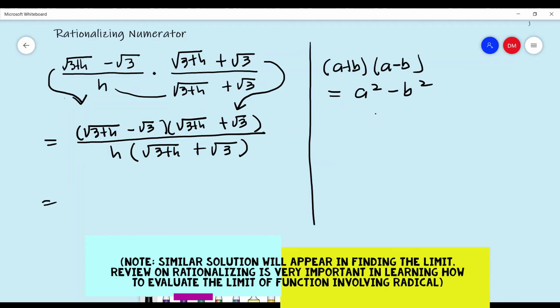So look at the numerator. What is a? A is equal to square root of 3 plus h, and b is equal to square root of 3.